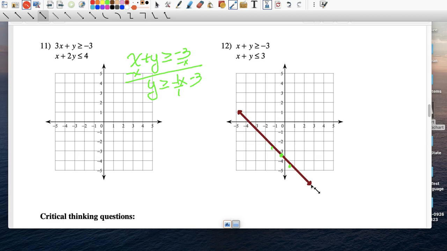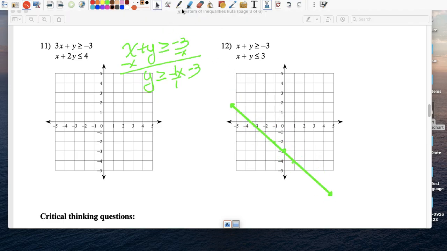Which in this case looks like, shoot. Let me change this to green. There. All right. So let's give this guy a name: y is greater or equal to -x minus 3. Does 0, 0 work or not? Let's see. 0 is greater or equal to, well, 0 times -1 is just 0, and then -3. So that is true.